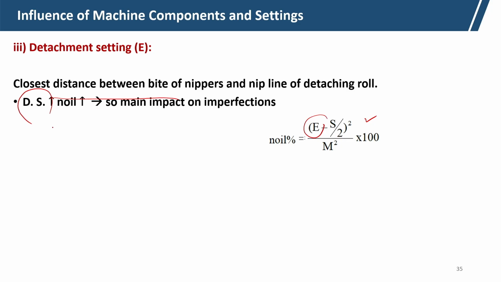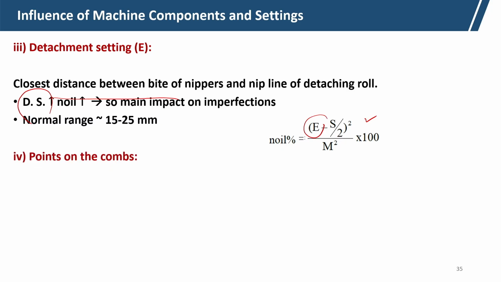As this E increases, the Noil percent increases. The normal range is 15 to 25 mm.